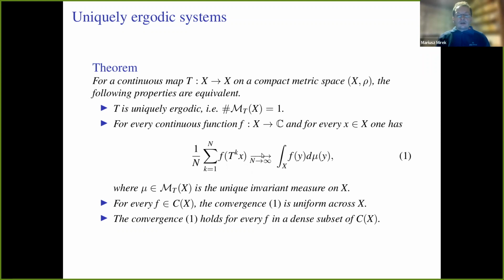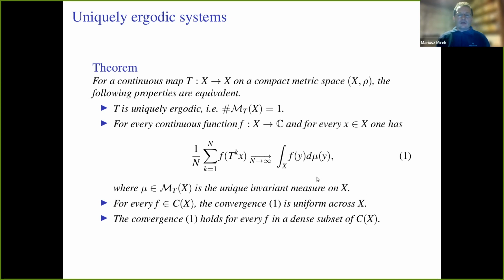We can also show that this convergence only needs to be verified for functions from a dense subset of the space of continuous functions on X. That is a very useful result, which in particular allows us to deduce that if we consider polynomials with at least one irrational coefficient, then the sequence of fractional parts is uniformly distributed in the unit interval.